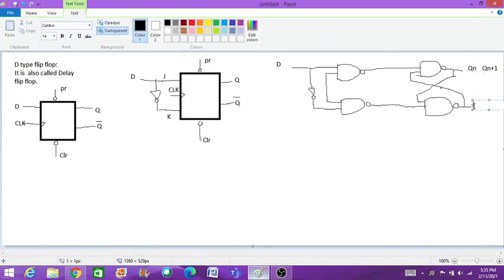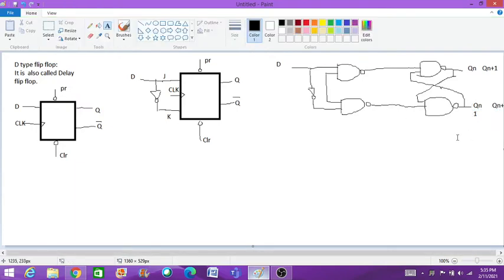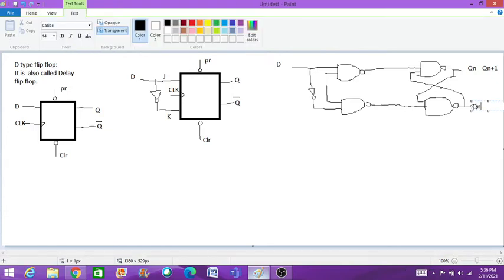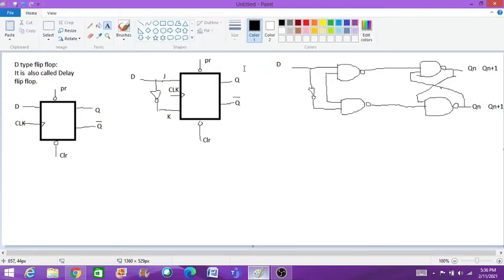It is the complement port, that is Qn bar, and the next state is Qn plus 1 bar. It is Qn and Qn bar. Okay, this is the circuit and this is the clock here.